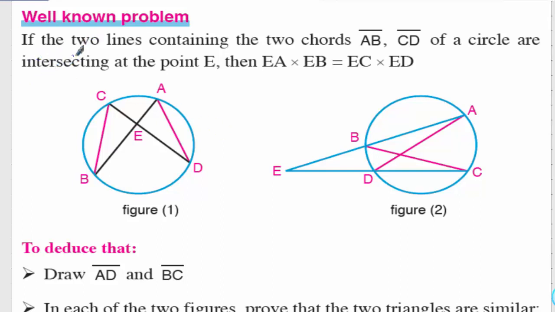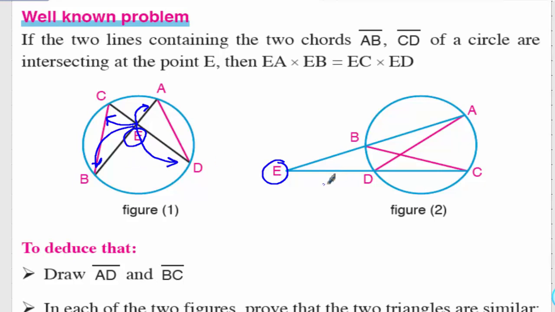If the two lines containing the two chords AB and CD of a circle intersect at the point E, outside the circle or inside the circle, then EA multiply EB equals EC multiply ED.